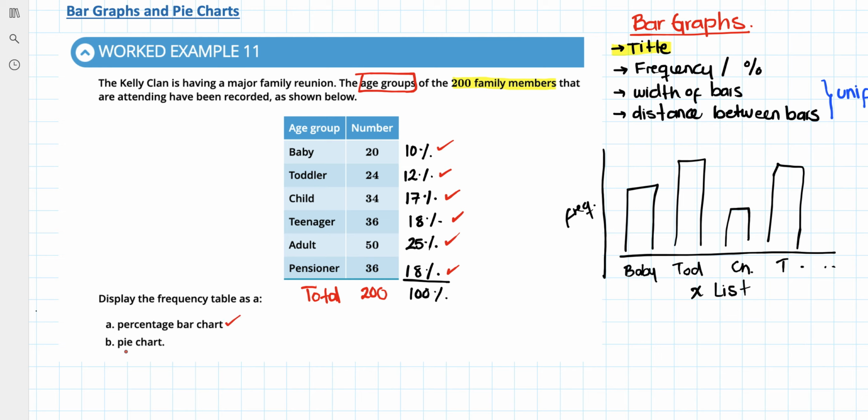Okay, now if I have to change to the pie chart, you are also familiar with those pie charts that are circular. When we have percentages, we know that the whole has to add up to 100, so we usually use these percentages to know how big each section will be. Agree?